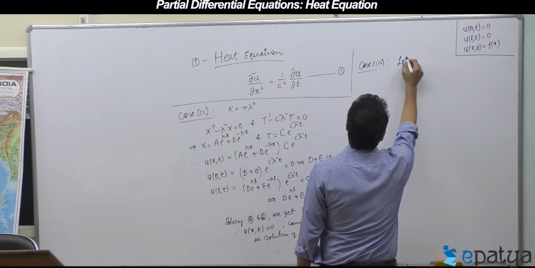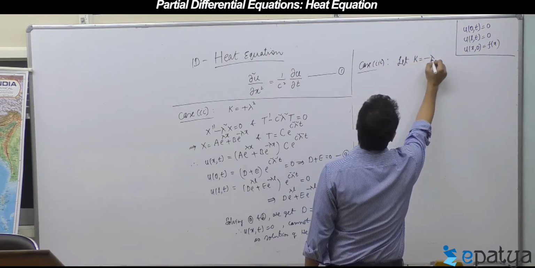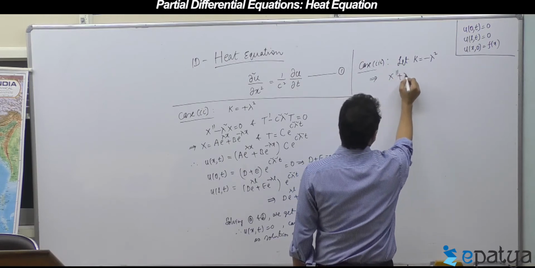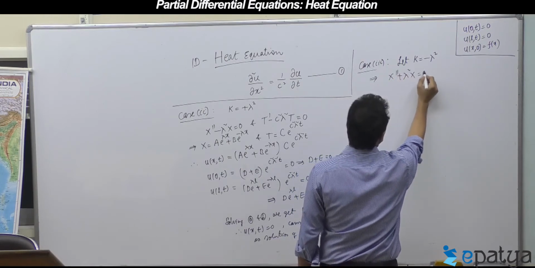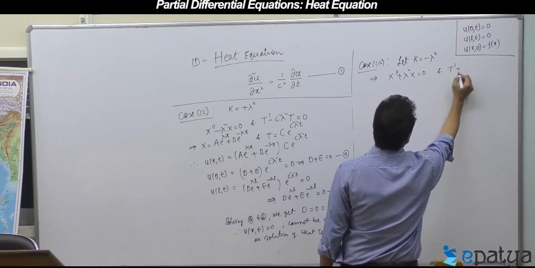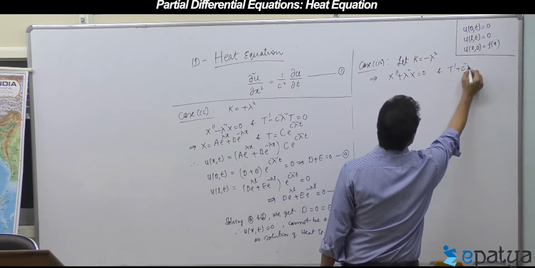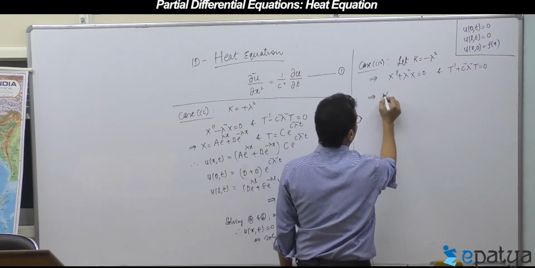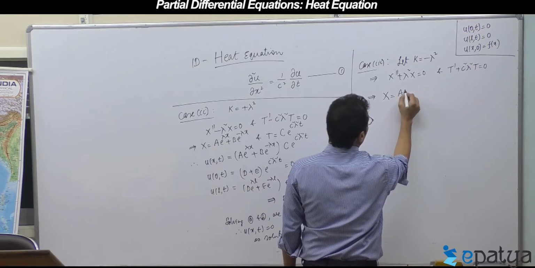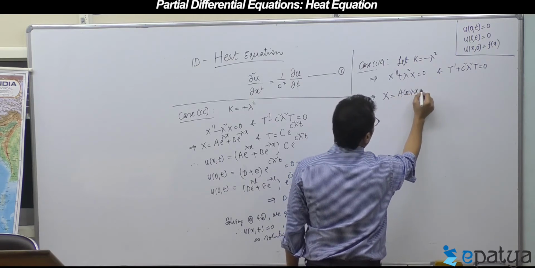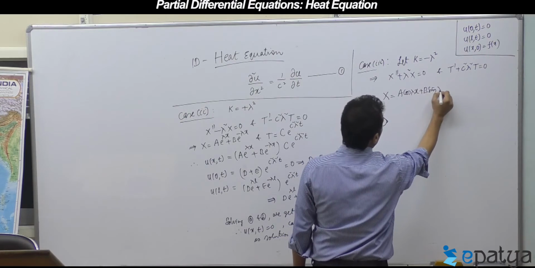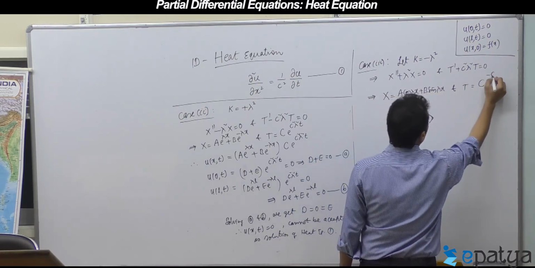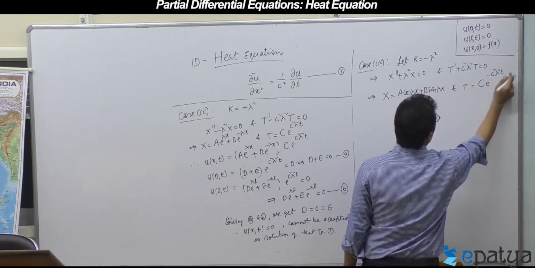Let k equal to minus lambda square. This implies X double dash plus lambda square X equal to 0 and T dash plus c square lambda square T equal to 0, which implies capital X equal to a cos lambda x plus b sin lambda x and capital T equal to capital C e power minus c square lambda square t.